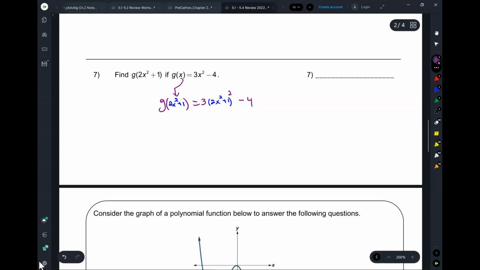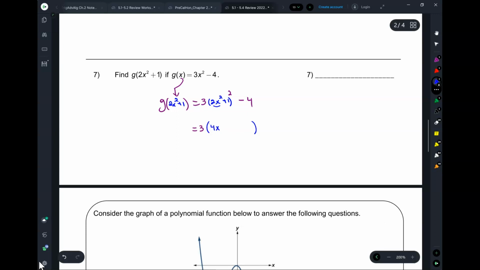Squared minus 4. Okay, and now you just have to do the multiplying out. So this is 3 times that term squared. All right, I really want you guys to use the shortcut here. So when you're squaring a binomial, you square the first term, you get 4x squared.